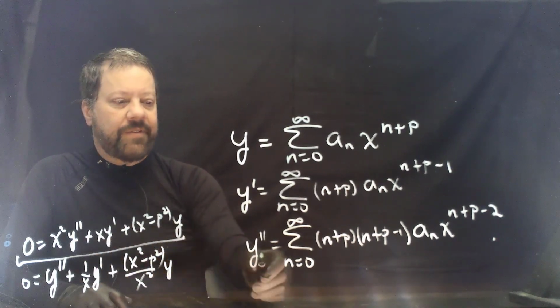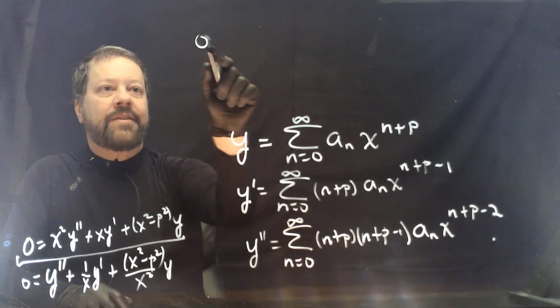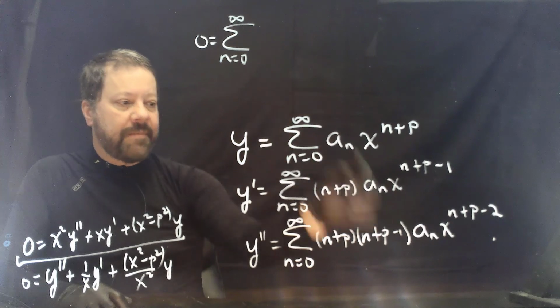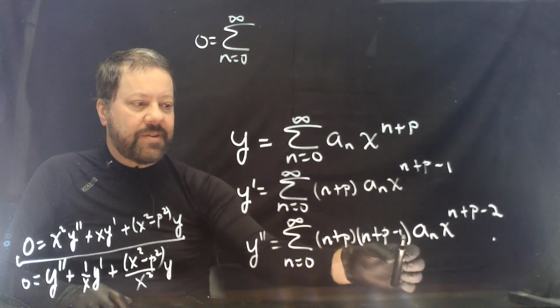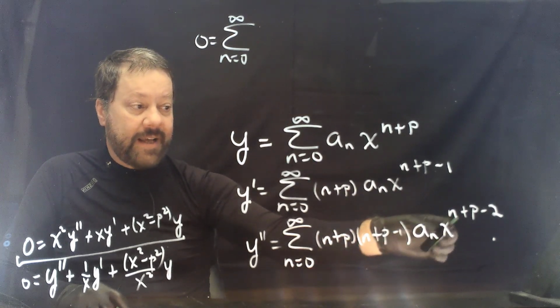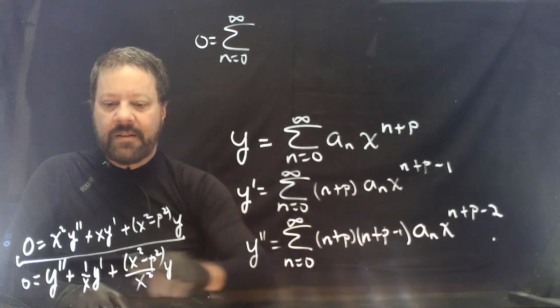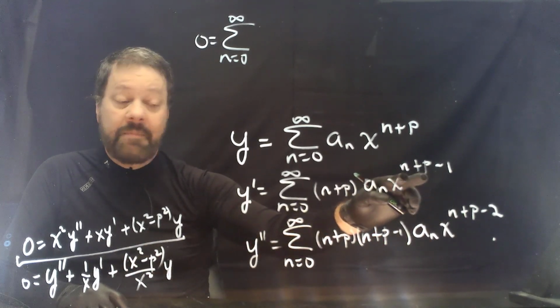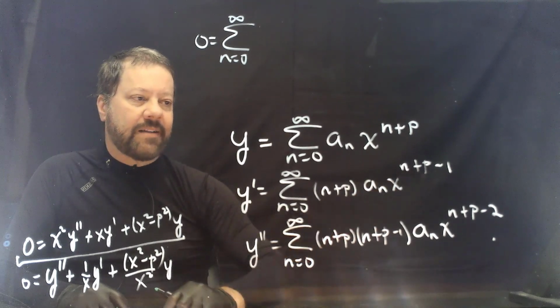So following through, we'll have 0 as the sum, and go from 0 to infinity. We'll have this term with an x to the power of n plus p. The next one is multiplied by x, so we'll have power of n plus p added onto this.